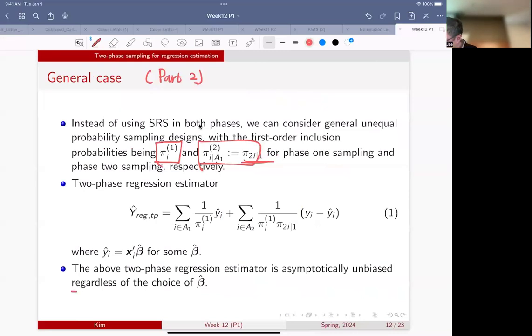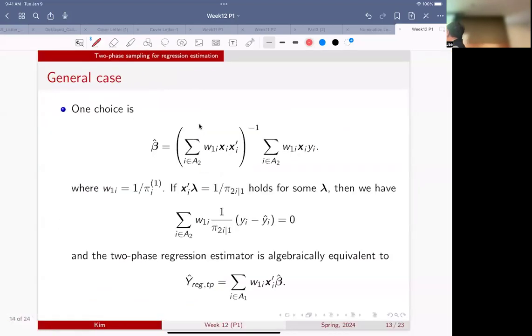What does that mean? It means you can choose different beta hats. And that means you can be more innovative, or at least try to seek some convenience.